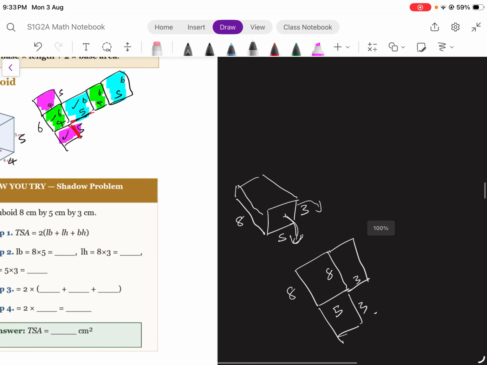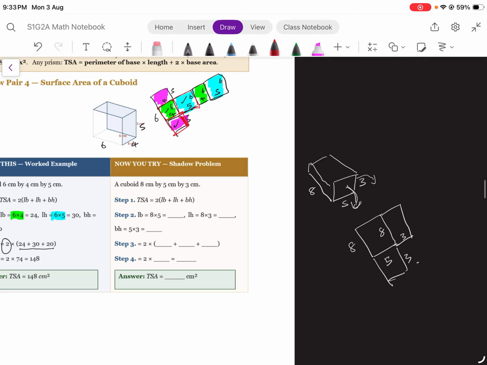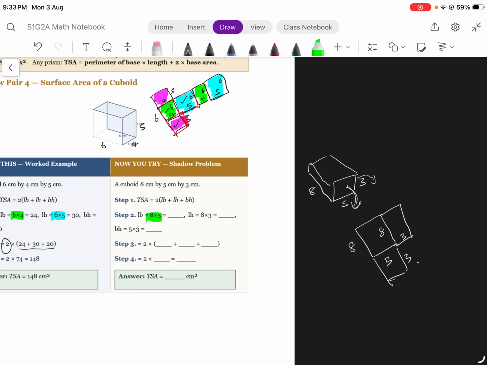Alright. So once you have the first 3 shapes here, same as here, we have these 3 shapes here, you know that is a double, you can just multiply by 2. So the first one would be 8 by 5. Okay, so the 8 by 5 is this one. Okay, let's highlight. 8 by 5 would be here.